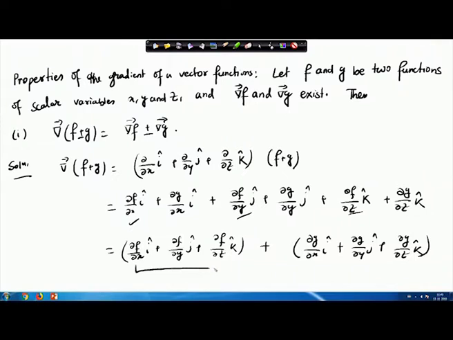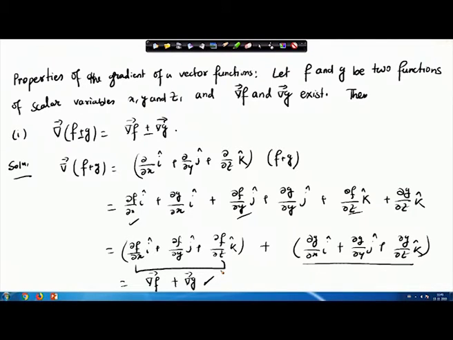So, now this is basically our gradient of f, that is how we defined the gradient of f. So, I can write this as gradient of f plus this one, which is my gradient of g, and this is the required result. So, the gradient of the sum is equal to the sum of the gradients. Similarly, we can prove the gradient of the difference is equal to the difference of the gradients. So, the proof is not that complicated.